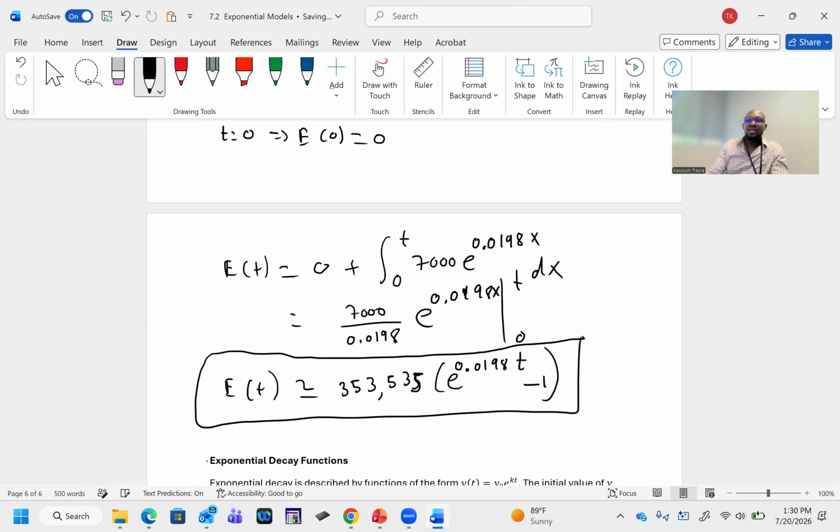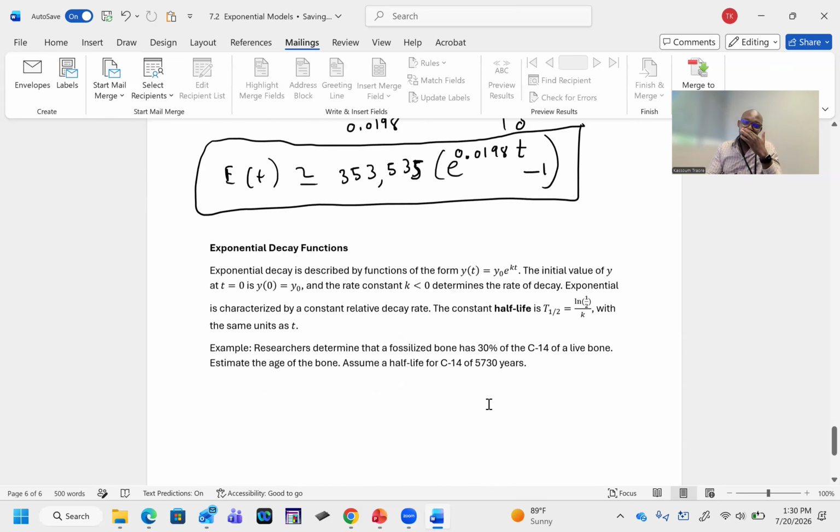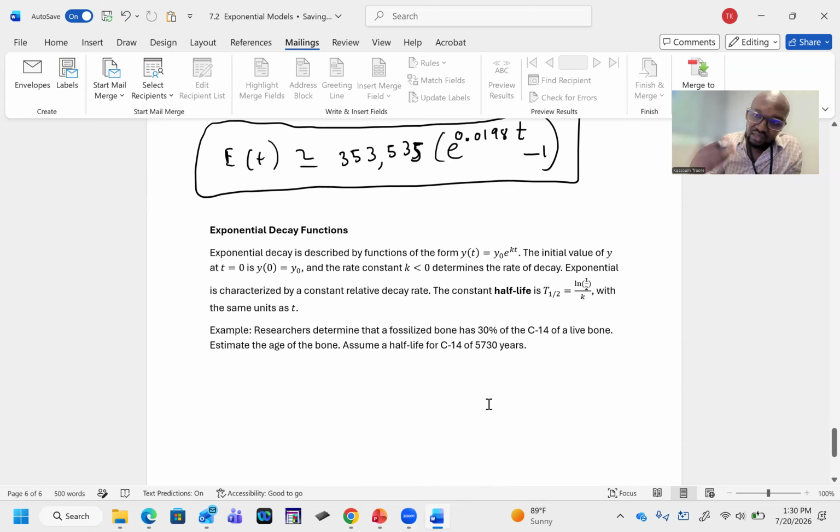Okay. So let's go to the decay function, where we will be doing the same thing as the growth function, but the difference is your k is negative in the decay. So exponential decay is described by a function of the form y of t equals y0 e to the power of kt. The initial value at t equal to 0 is y of 0 equals y sub 0, and the rate constant k is less than 0.